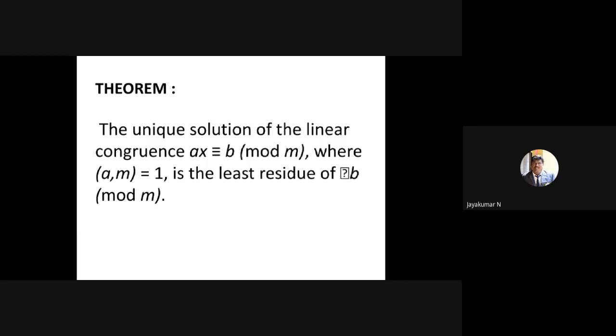The unique solution of the linear congruence Ax congruent to B mod M, where the GCD of A comma M is 1, is the least residue of A inverse B mod M. The proof of the theorem will be discussed later. You only have to know the statement of the theorem. The unique solution of the linear congruence Ax congruent to B mod M, where the GCD of A comma M is 1, is the least residue of A inverse B mod M.